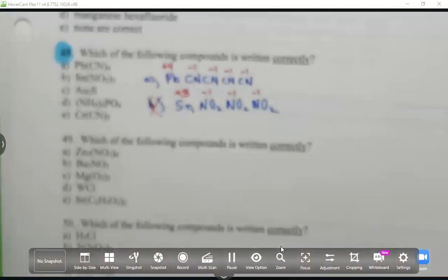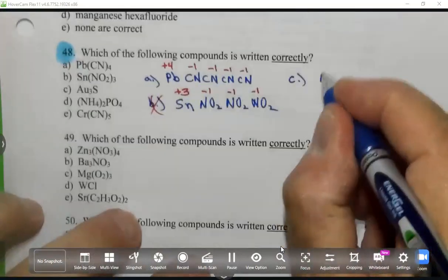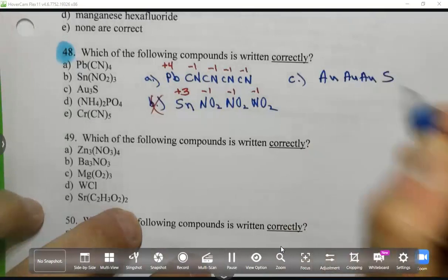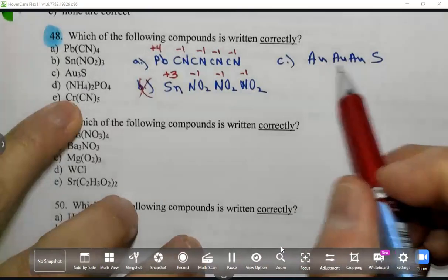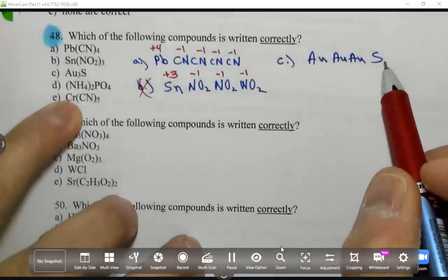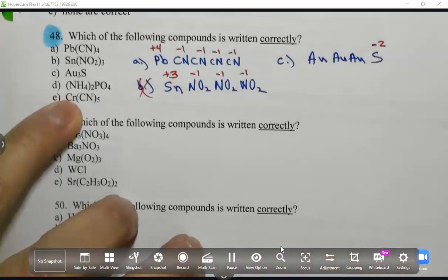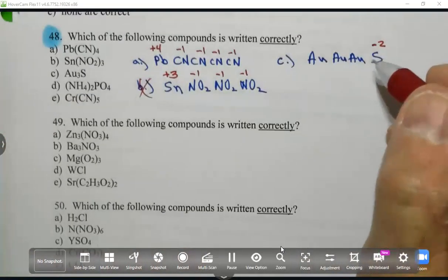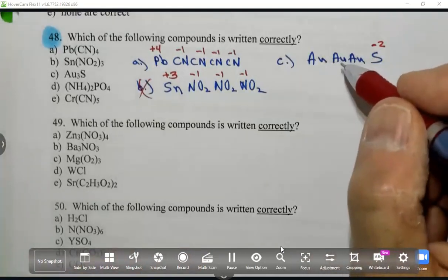So for letter C, you have Au3S. This S has to be negative. This would be sulfide, -2. Well, if that's -2, this is not going to work because gold is usually, well, it is 1 or a 3.